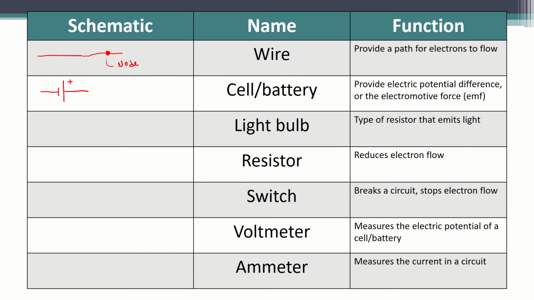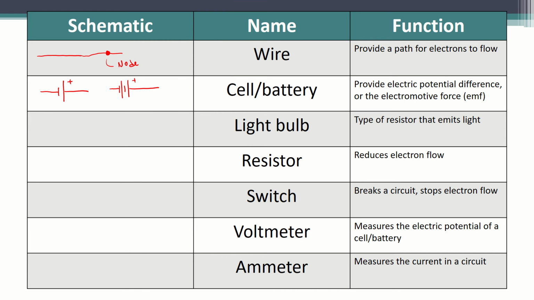So this would be one cell or one battery. Let's say if you want to show a battery that's maybe made up of multiple cells, you can add a couple more, so you can draw it like this. So let's say this may be a battery made up of two cells. For example, a 9-volt battery is made up of a bunch of 1.5 volt little cells in it.